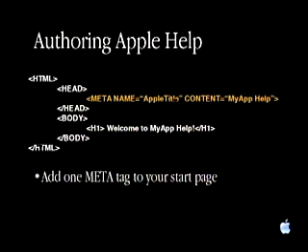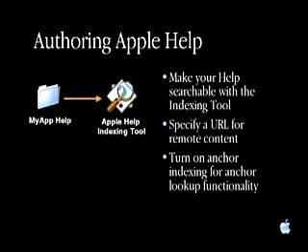This is a standard element, so other systems are going to ignore it. You can continue to deploy this information on other systems, no problem. And that's it. That's the only modification you have to make. You take your entire help folder and you drag and drop it on top of the Apple Help indexing tool. The indexing tool scans all of your content and creates a search index and puts it in the correct place in the folder for you. So you want to do this at the end, right?